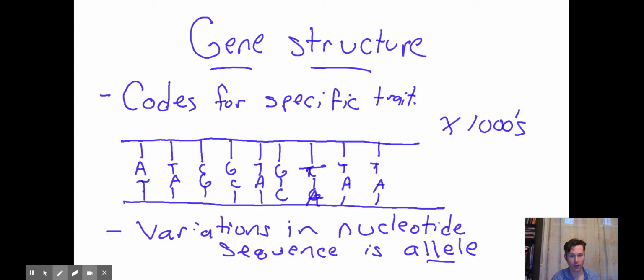Okay? And so alleles are these variations in nucleotide sequences. They are not the variations in the traits. You can have different alleles and still have the same presentation of that trait. If I make this change here, this is still a different allele, right? But maybe they both code for brown eyes. It's possible. Make sense? Cool.